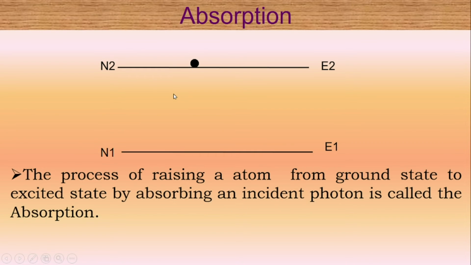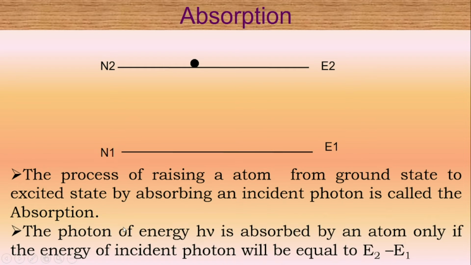Hence absorption can be defined as the process of raising an atom from ground state to excited state by absorbing an incident photon. The photon of energy h nu is absorbed by an atom only if the energy of the incident photon is equal to E2 minus E1.